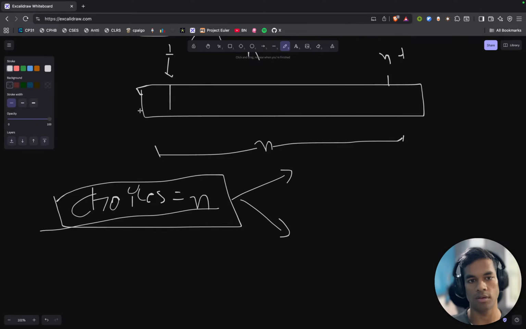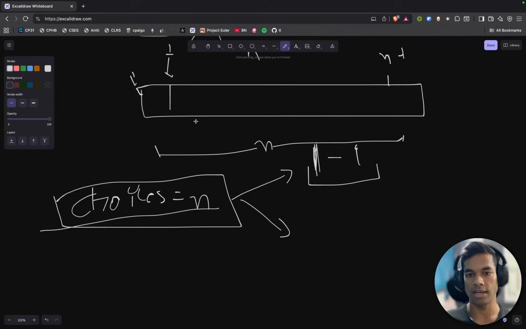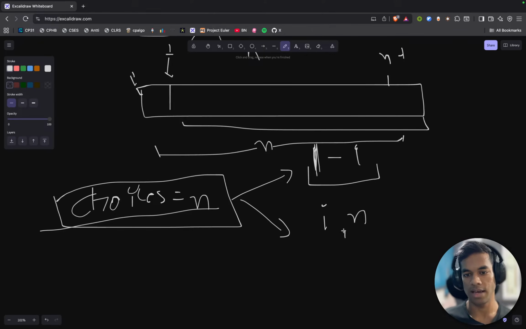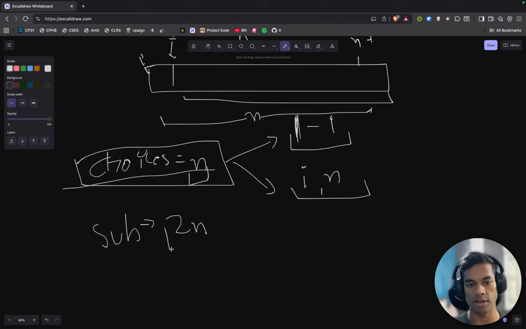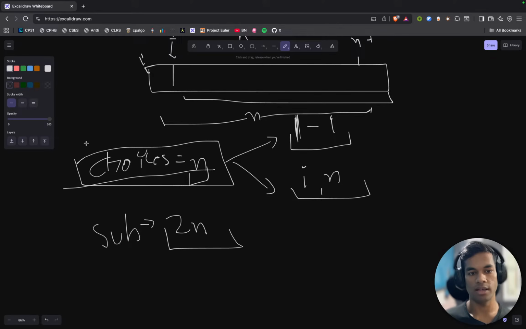A subproblem of size 1 till i, and the size of another subproblem would be i till n. So here the number of choices is n, but the number of subproblems is 2n, because making one choice results in two subproblems. So that is optimal structure.